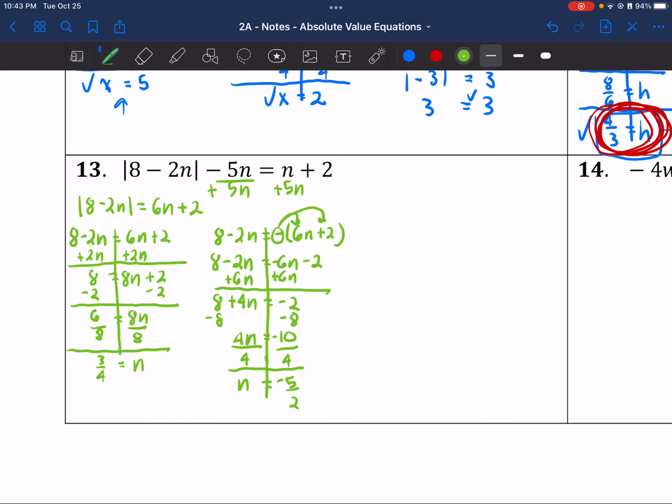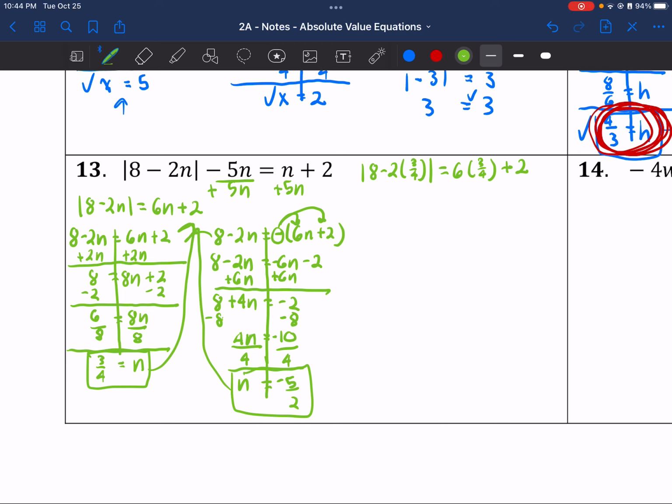So now we are going to put these back into our original equation. We're going to start with 3 over 4. The absolute value of 8 minus 2 times 3 over 4 is equal to 6 times 3 over 4 plus 2.